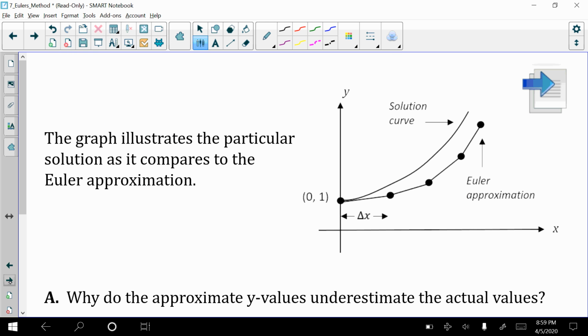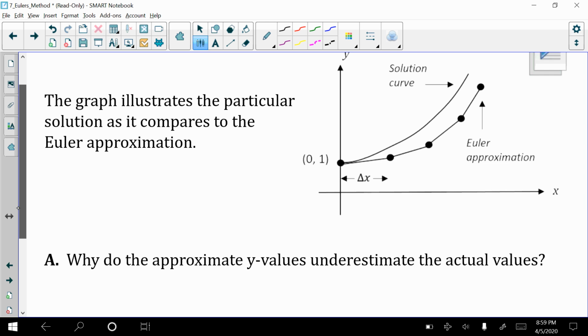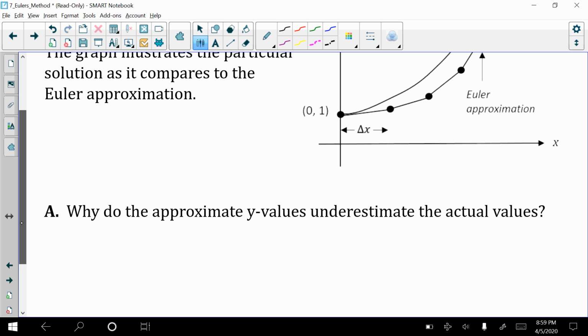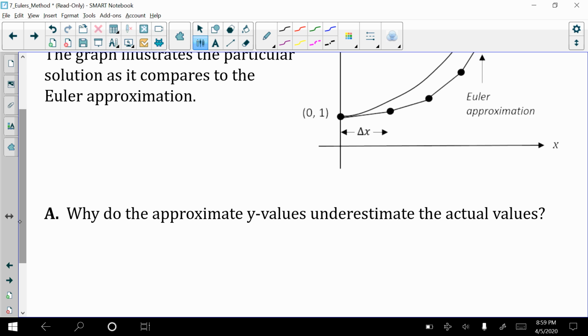Now, this part is essentially just asking you, how do you know what kind of estimate it will be? Why do the approximate y values underestimate the actual values? And this is a pretty simple explanation.